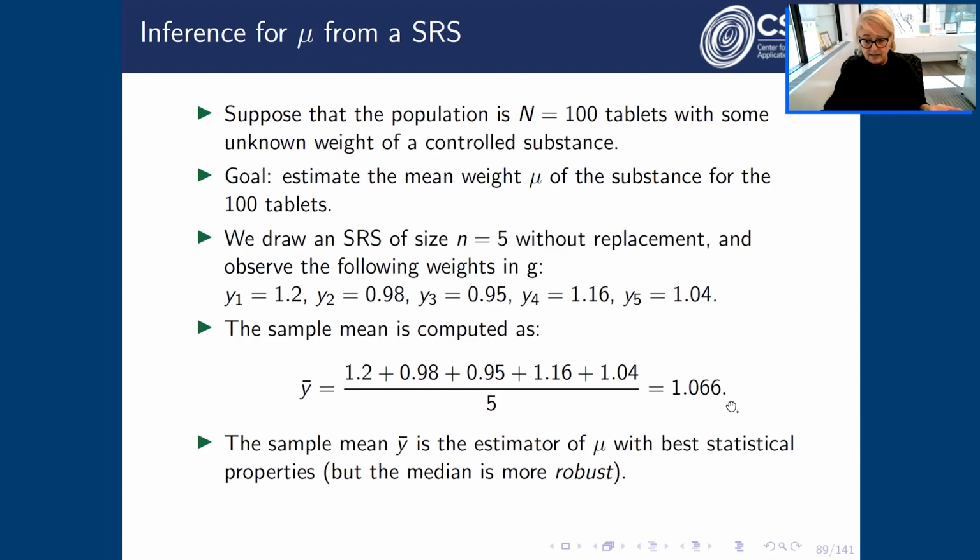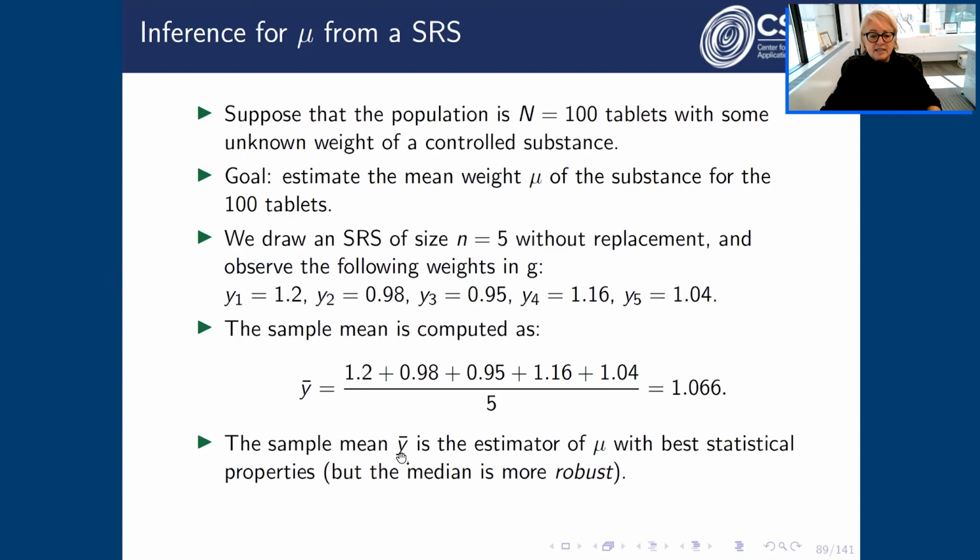In this case, it's 1.066. So this is my best guess, or the point estimate, of the average weight of this substance in all 100 tablets. If I take any other tablet, this is my best guess for it.